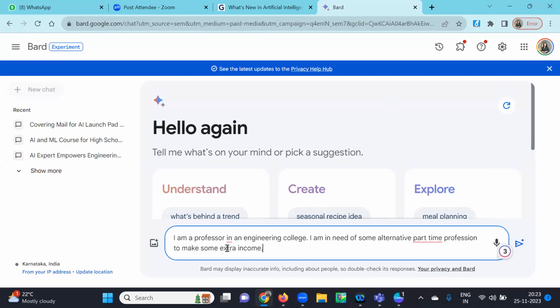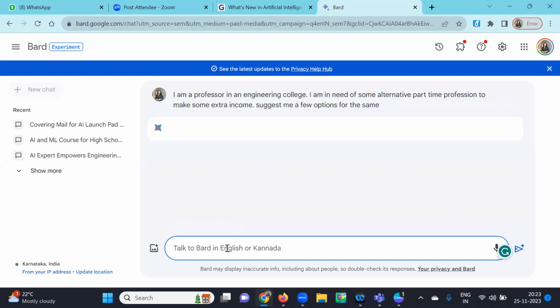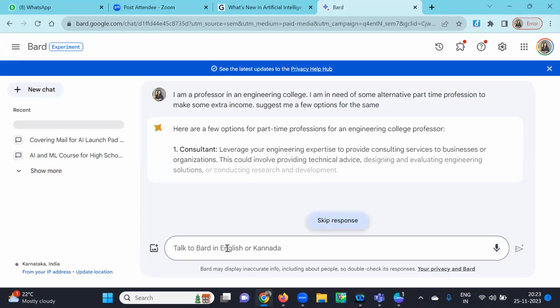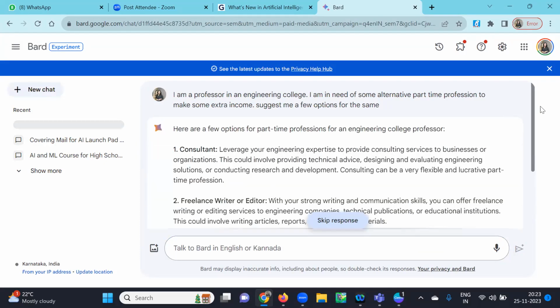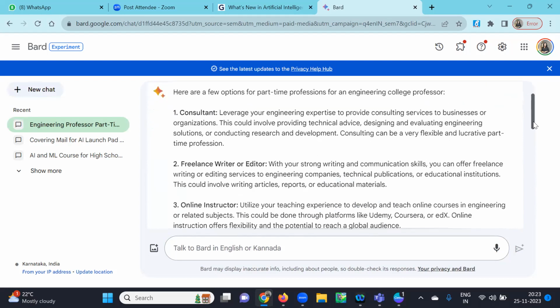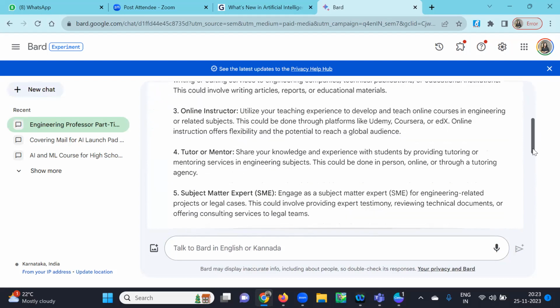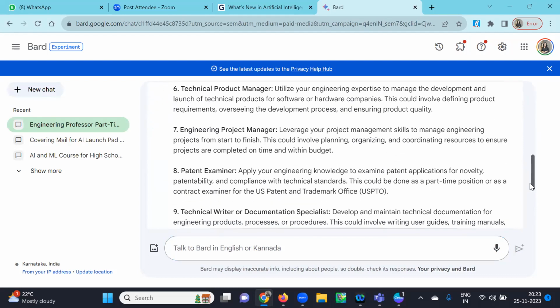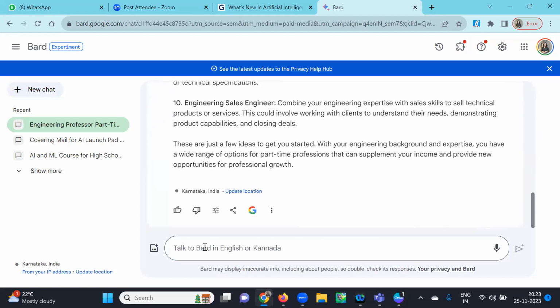So if you just write this, suggest me a few options for the same. So this is a prompt. It really gives us as good as talking to a counselor. You can be consultant, you can be freelancer, instructor, tutor, mentor, subject matter expert. So many things align with this.